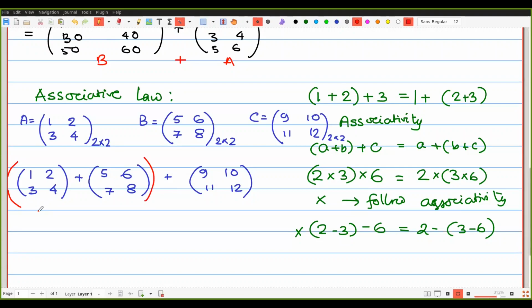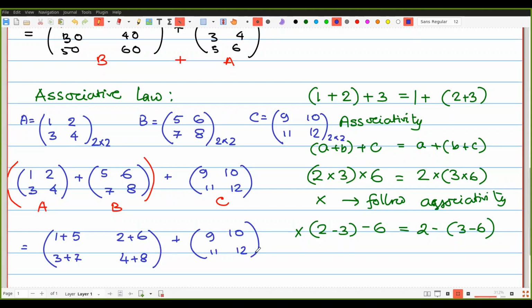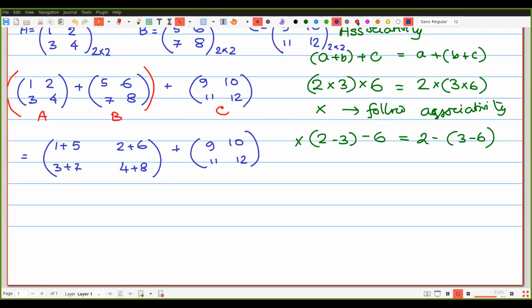At first, we proceed with A plus B, then we proceed with C. Let's check. At first, we add A plus B, which becomes 1 plus 5, 2 plus 6, 3 plus 7, 4 plus 8. Then 9, 10, 11, 12. So here we have A plus B, and then C. Once again, we are adding.